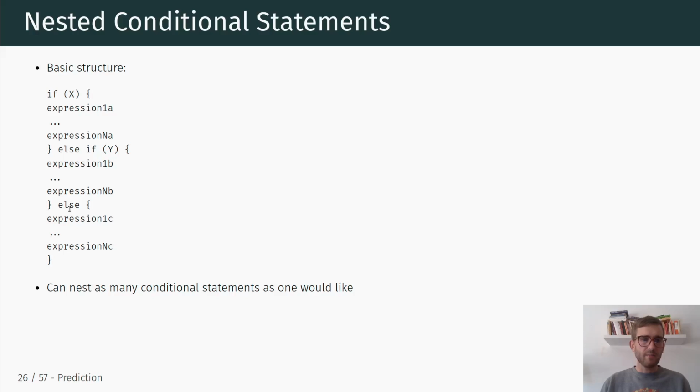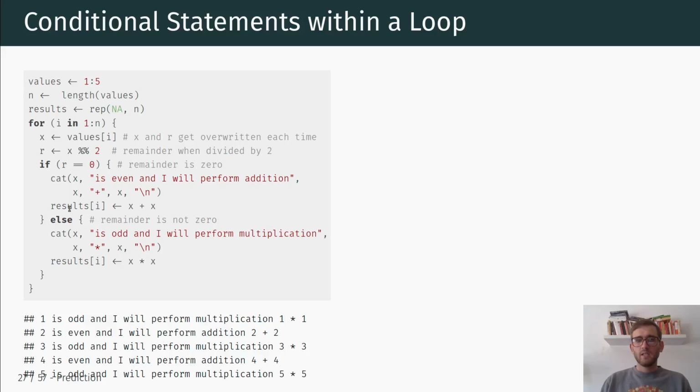And we can nest as many conditional statements as we would like. We could also have if conditions within an if condition itself. As you can see, the basic structure is fairly simple, but ultimately it allows you to create fairly complex structures and solve quite complex problems in your computations.